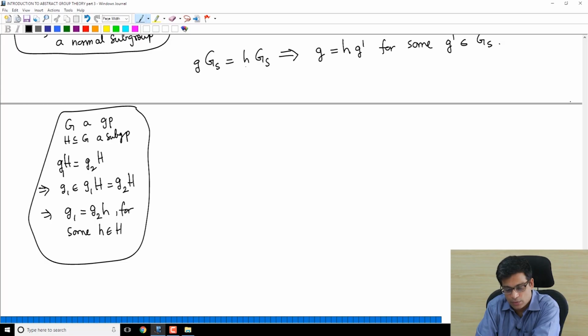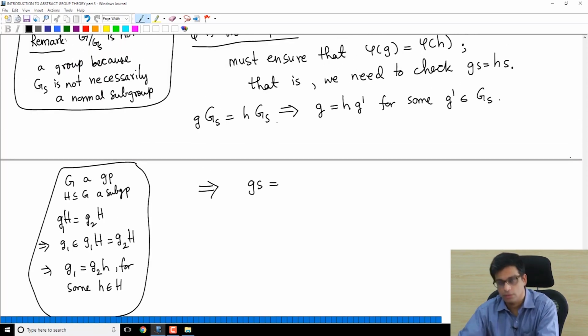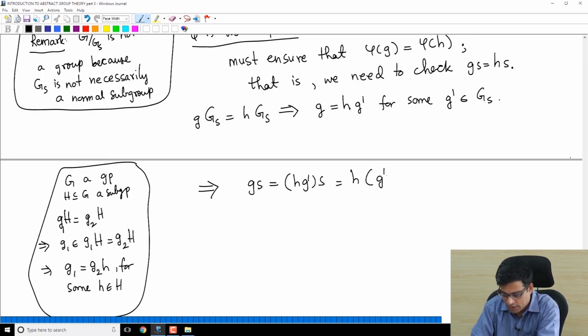I am using the same idea here. g times Gs is equal to h times Gs. So g must be h times something in Gs, right? Now this implies if I apply both to the element s, gs equals h g prime s, right? Because g is equal to h g prime. But the group action property says that (h g prime)s is equal to h(g prime s). But g prime, remember, is in the stabilizer.